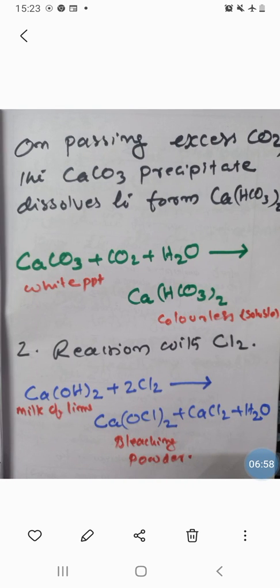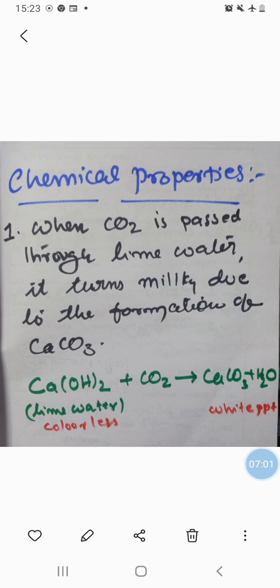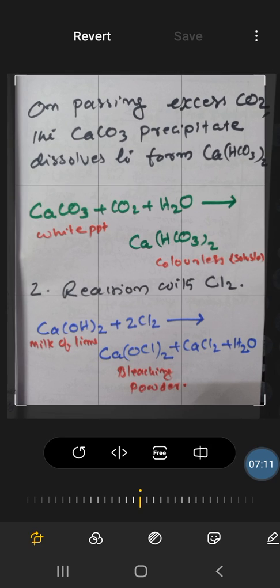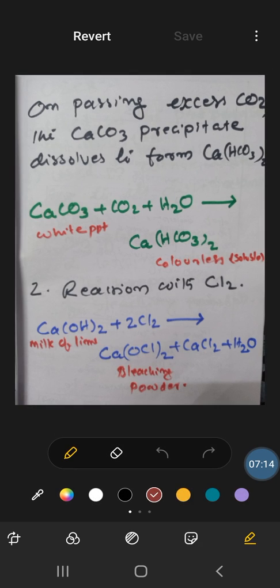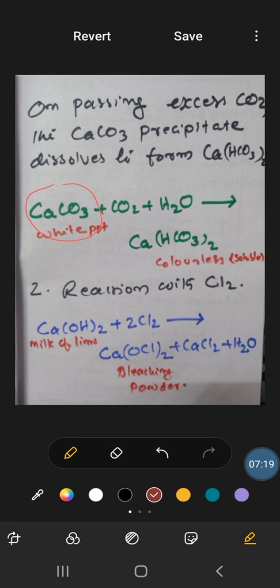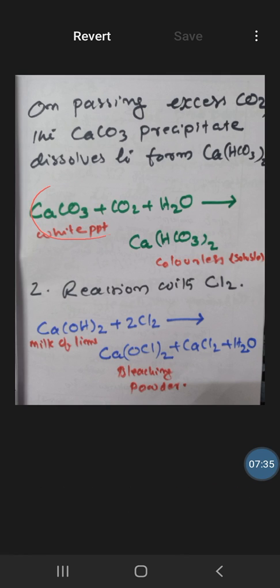And if you pass excess carbon dioxide, if you continue the passing of carbon dioxide gas through the solution, it again becomes colorless because calcium carbonate will dissolve on passing of carbon dioxide to form calcium hydrogen carbonate, calcium bicarbonate.